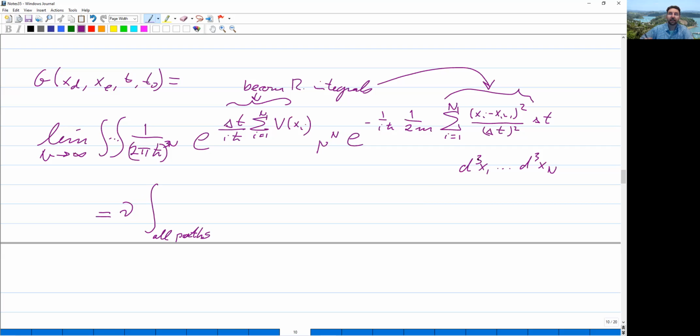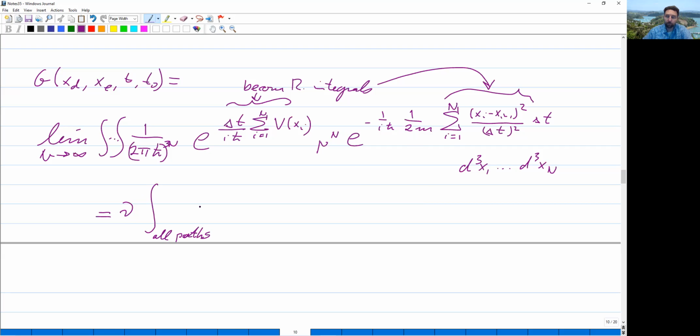Because just like when we first encountered the path integral, we still have a subdivision of the time interval into small portions of length delta t, and we still integrate over all positions at each of these time steps. So we still have the path integral here.